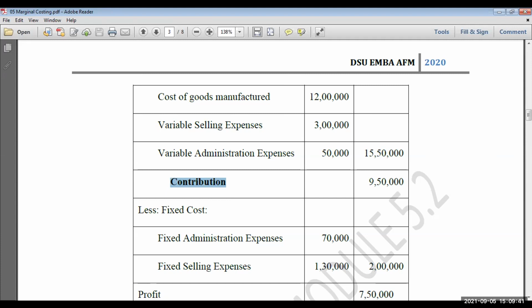What is the profitability? If it is working on 80% capacity, 90% capacity, or 50% capacity, what is going to be my profitability? Or what is my break-even point? How much should I sell to reach no profit, no loss stage? All those things can be done by applying this marginal costing technique.